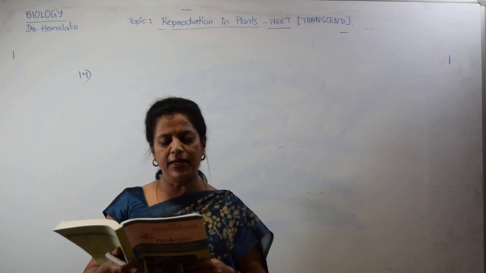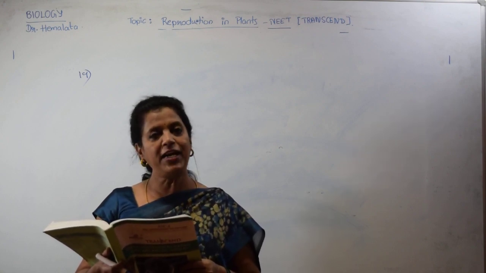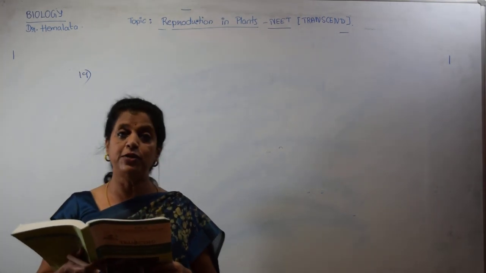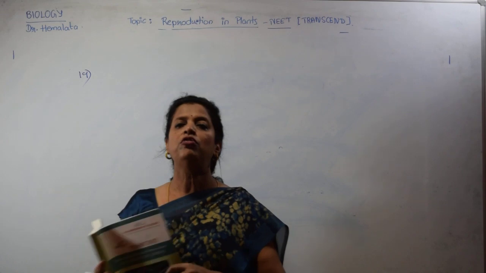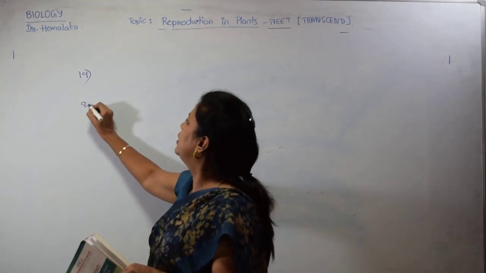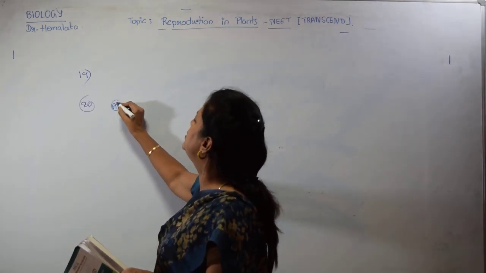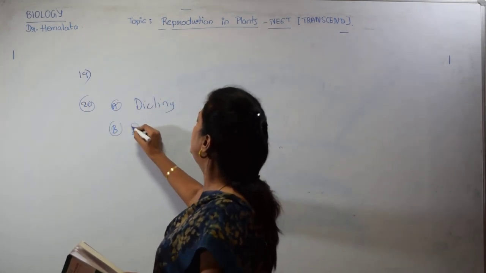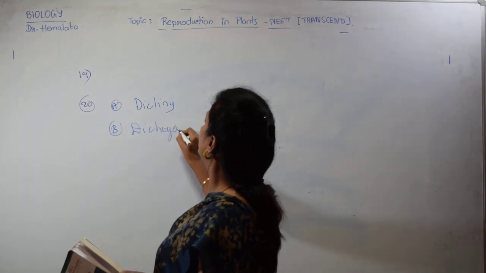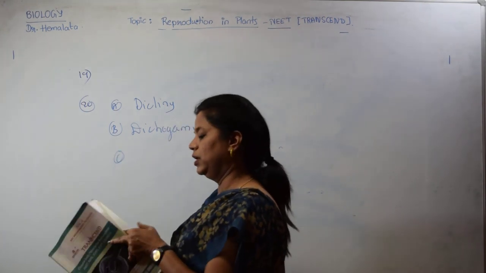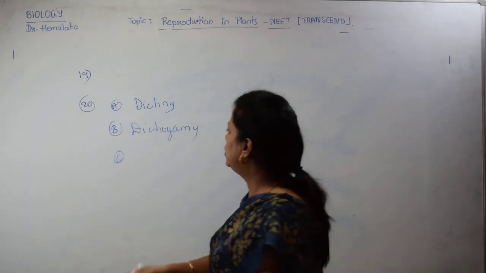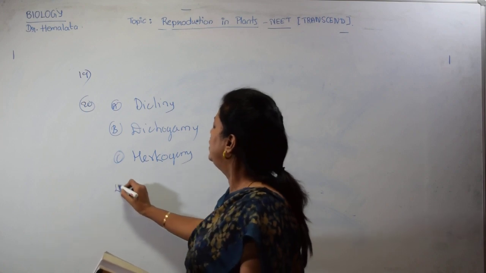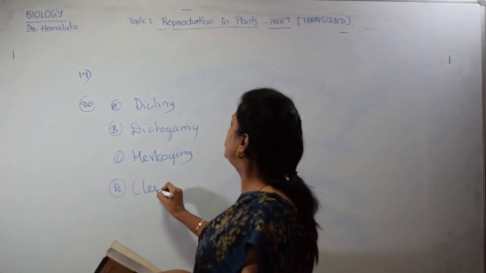First one they have given is dicliny, second is dichogamy, third is herkogamy, fourth is cleistogamy. Do you know the meanings of all these? Option A is dicliny, B is dichogamy, C is herkogamy, and the last one, D, is cleistogamy.